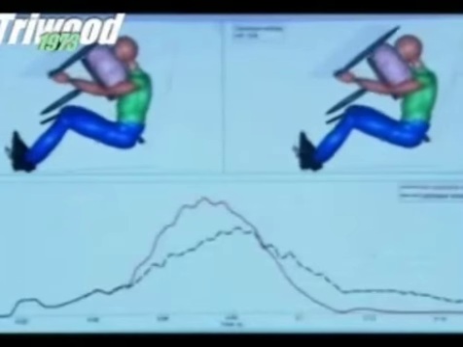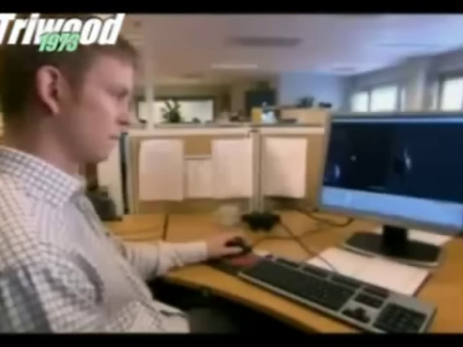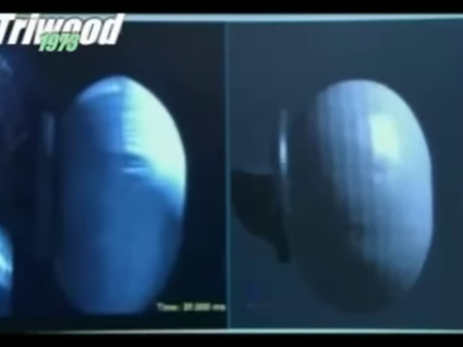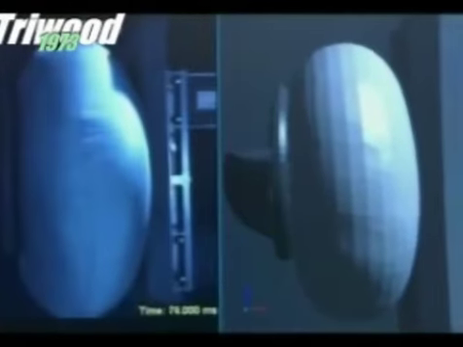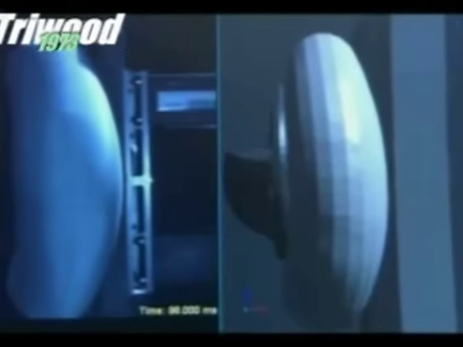Lives depend on the design of these airbags, so every aspect is examined again and again and again. The problem they found here is that the airbag doesn't deflate quickly enough. In a crash, such a simple design fault could cause a driver's neck to snap like a dried-out breadstick. So a solution is found.